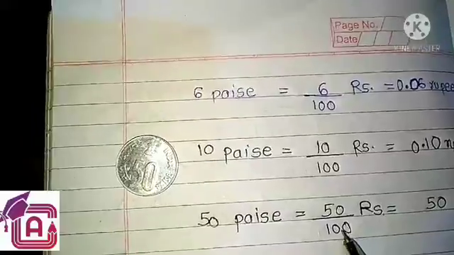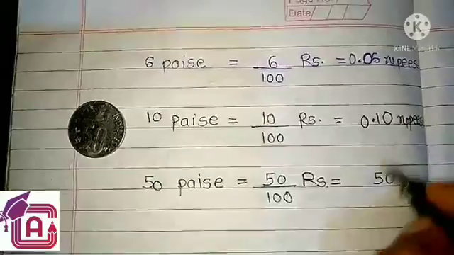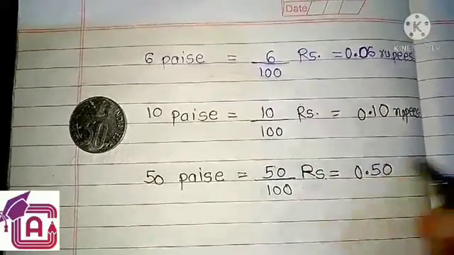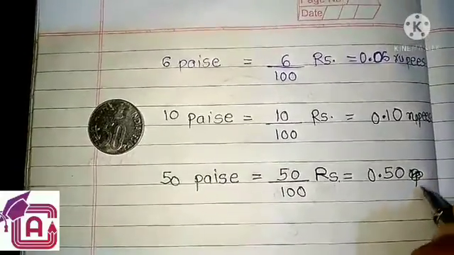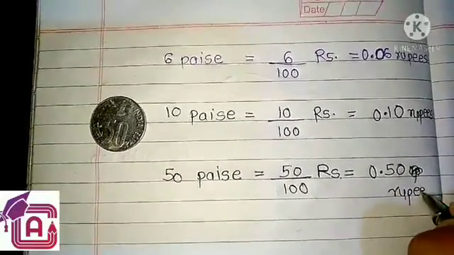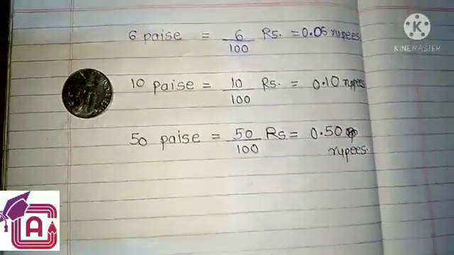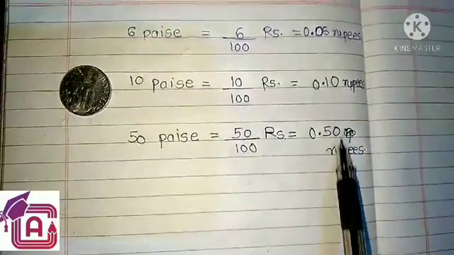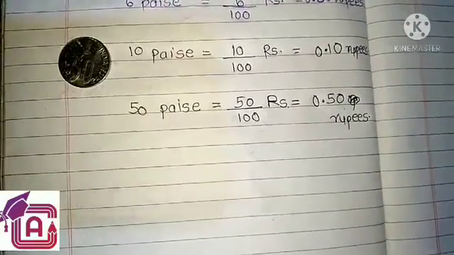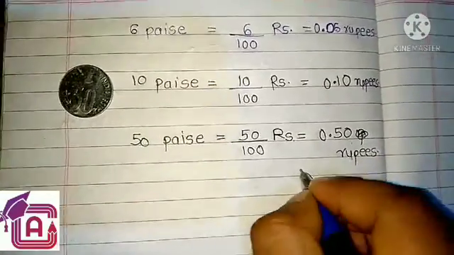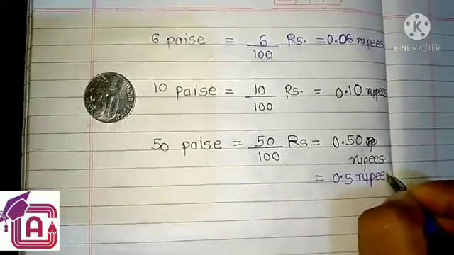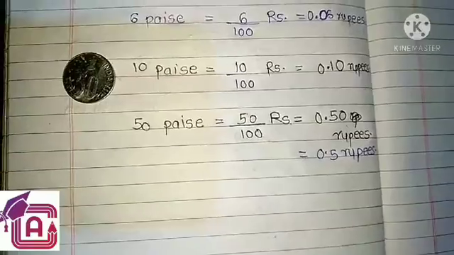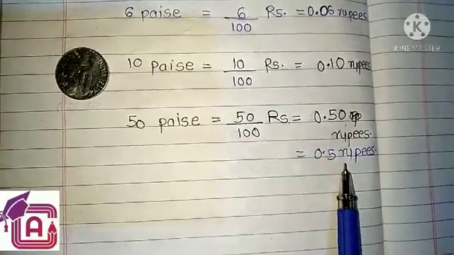Count the places, 2 places, because 100 is in the denominator, so 1, 2, point, and 0.50 rupees. So 0.50 rupees is equal to 50 paise. You can write this 0.50 as 0.5 rupees. So 50 paise is equal to 0.5 rupees.